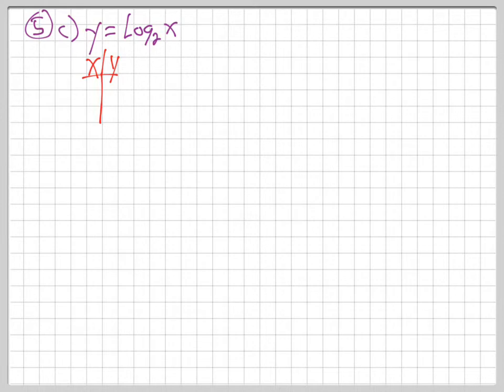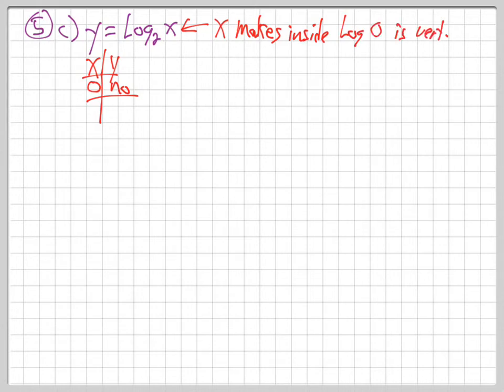We're going to make x 0. That's going to be the no spot, because the x that makes the inside of the log 0 is always your vertical asymptote.